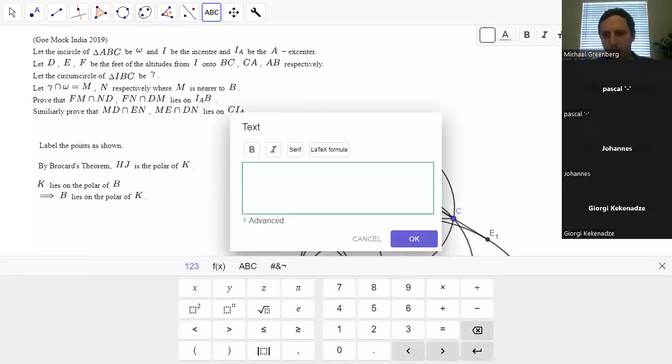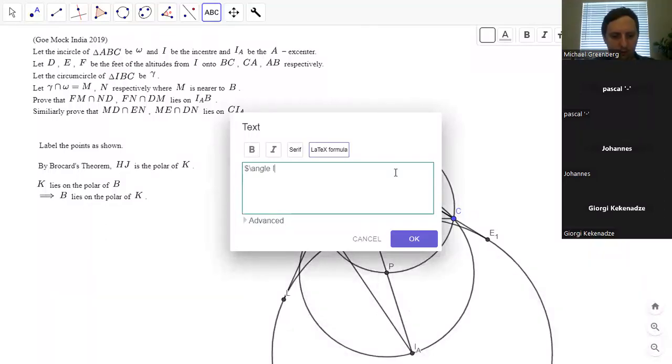So that means IAM and IAN are tangent to the circle, and that means that K lies on the polar of IA.